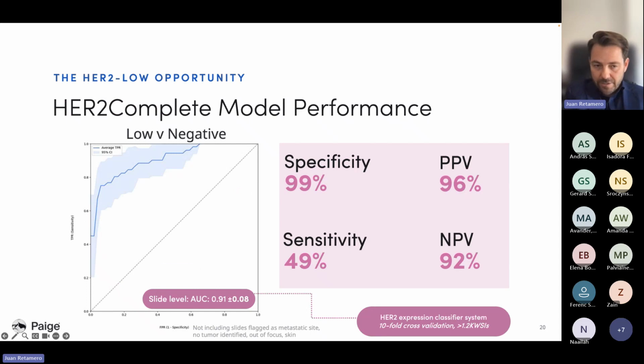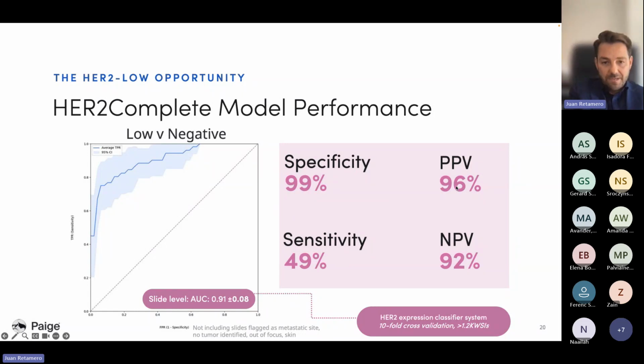And this is the performance of the algorithm. As we can see, the area under the curve is quite significant, 0.91, with a specificity of 99% and a positive predictive value approaching 96%.